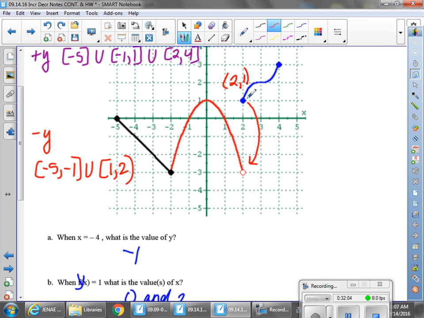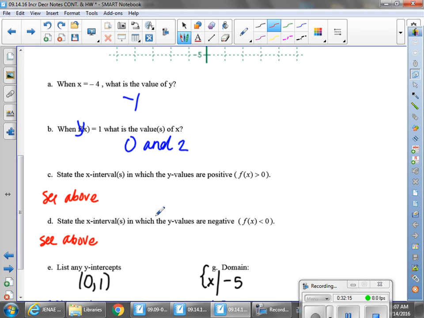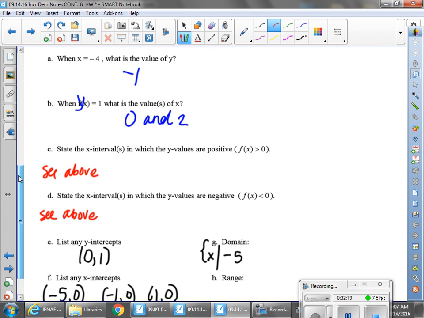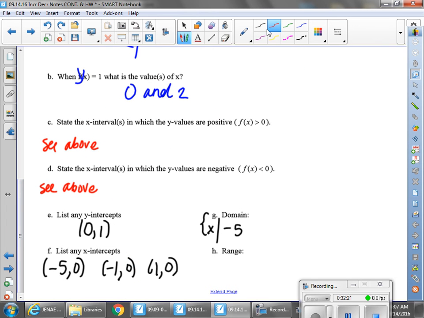If this was open and this was open, what would I have to use? Union. Then the hole is for real. Nothing is filling anything in. But I don't have that happening, so I can straight up say, if I wanted to do my set notation, -5, was that a closed circle on -5? Yes. So -5 to 4, which would be the same as -5, 4 in brackets. Fantastic.